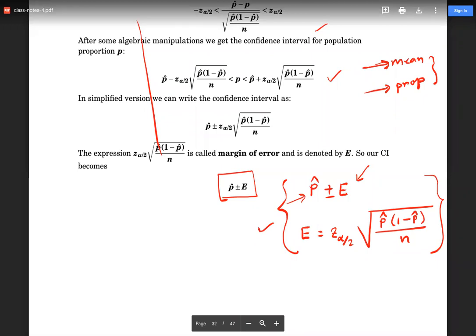P hat is the sample proportion, which is easy, x over n. I'll do problems in the next class. And z sub alpha over 2, you can think of it as a boundary for being wrong. We'll talk about it as well. Once you have p hat, you have everything.